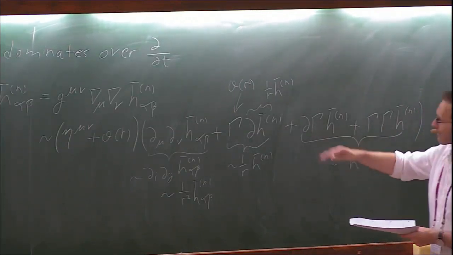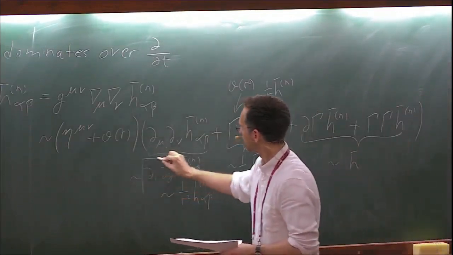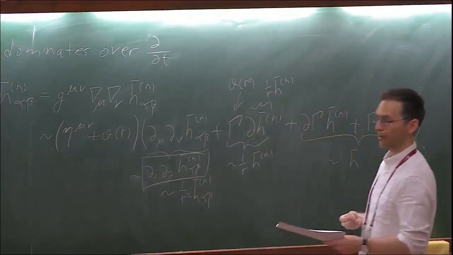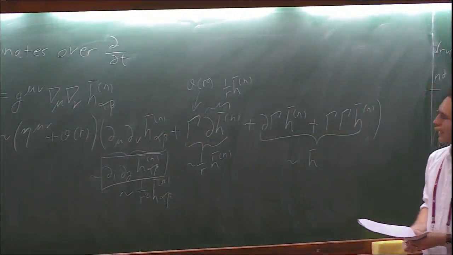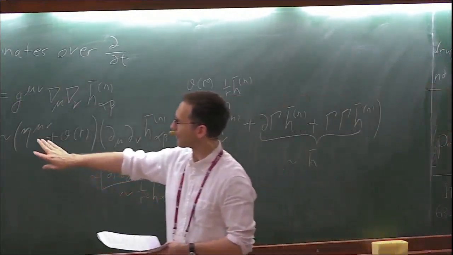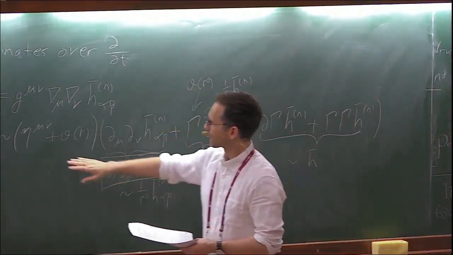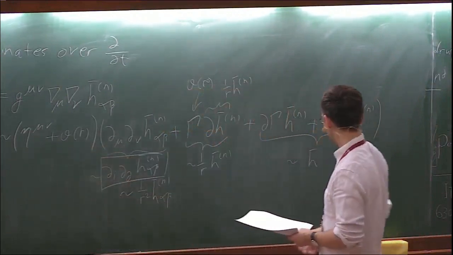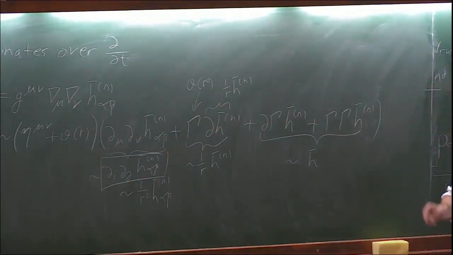So the dominant piece in this entire expression is just the term where you have two spatial derivatives, and that's getting contracted into the Minkowski metric. The spatial part of the Minkowski metric is just the ordinary Euclidean metric, delta ij.